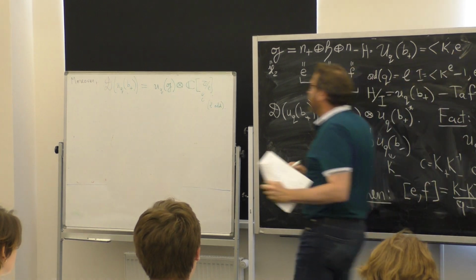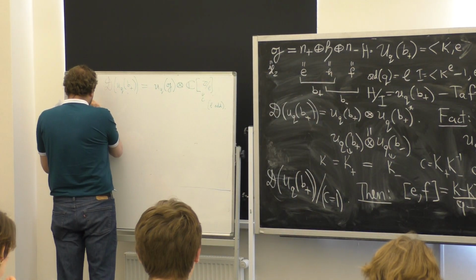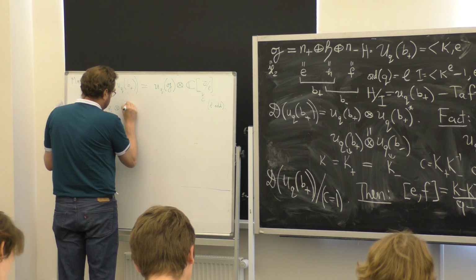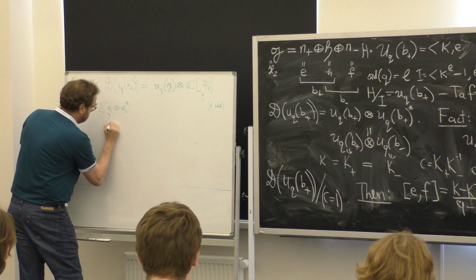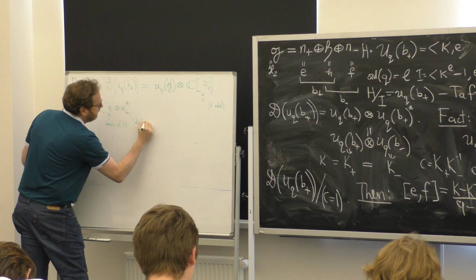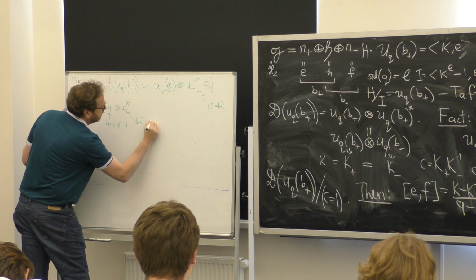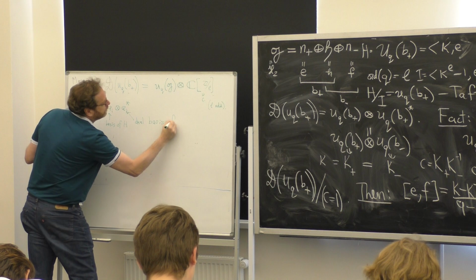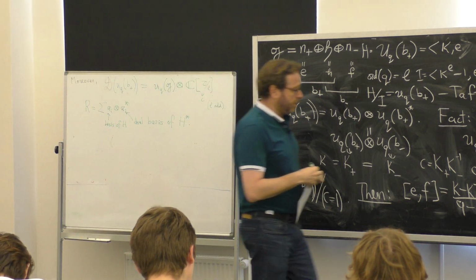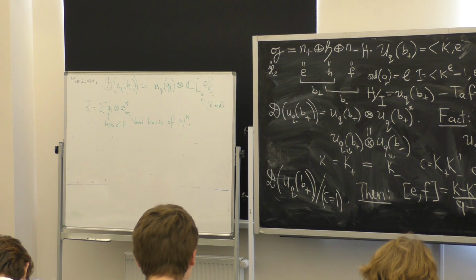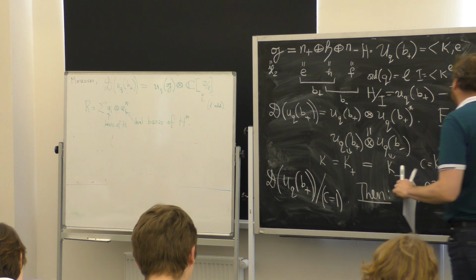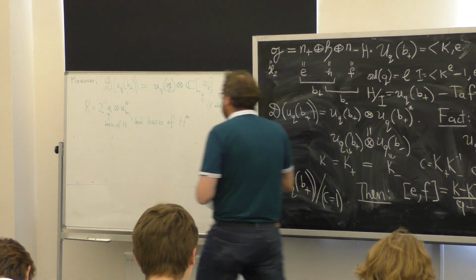So the R matrix of the double is supposed to be the sum of AI tensored with AI star, where this is a basis of H, and this is the dual basis of H star. What we really need to do to compute this thing is we need to see what is the pairing between UQ of B plus and UQ of B minus.